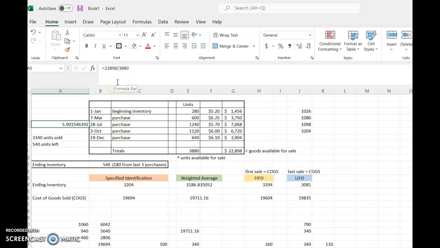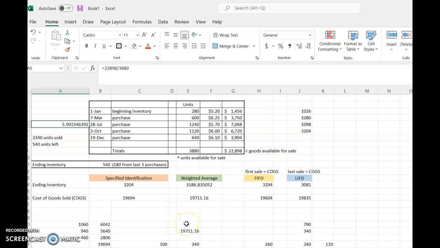I just did that 22,898 number divided by the 3,880 units, and that gives me the average weighted cost, if you will, of $5.9 on average.